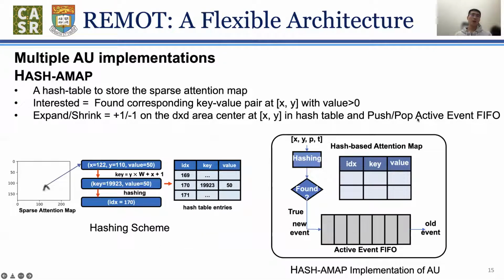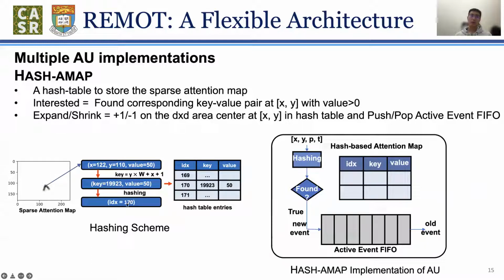In the second implementation, hash attention map, we leverage the sparsity in the attention map. We use a hash table to store the attention map. For example, here for the point x, y with the value 50, for these non-zero points, we unravel the index to be the key of these key-value pairs. And we do the hashing on the key to obtain the index of these non-zero points.